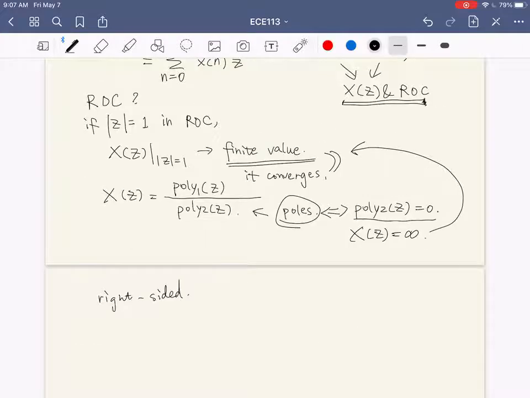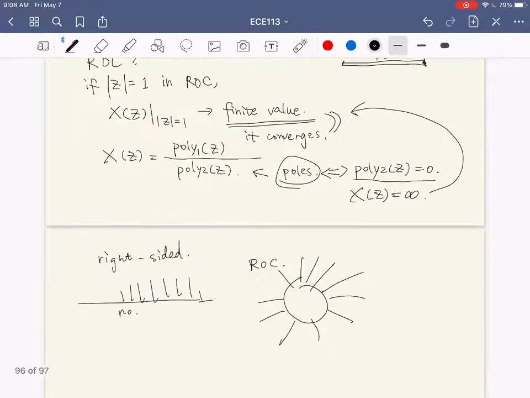If the signal is right-sided, which means that it is only non-zero when n is bigger than n0, its ROC is always outside of a circle. And if it has multiple poles, the ROC will be outside of the outermost pole.